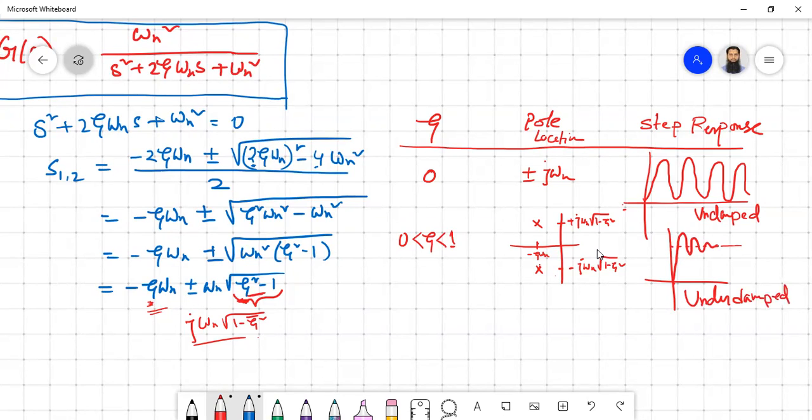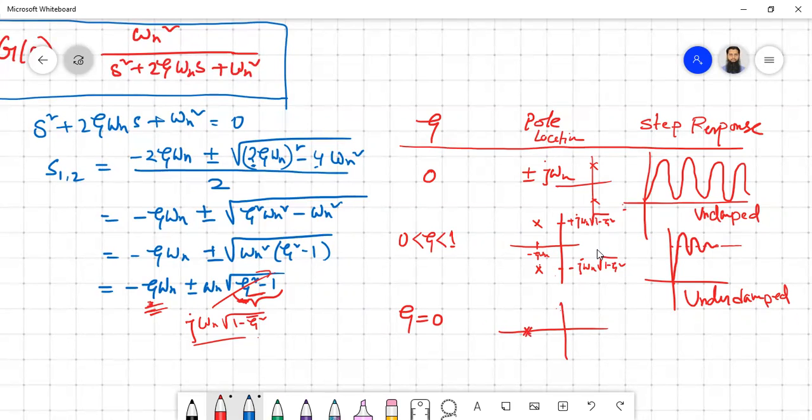So under damped scenario, underdamped. Okay. Now case 3, if the zeta value is 1. So if zeta value is 1, this portion will be 0. So you have two poles in the same location. Okay. So actually the first one also you can show in terms of location like this. So now what we have is two poles in the same location on the real axis. So what is the name of that one? Equal, the same.